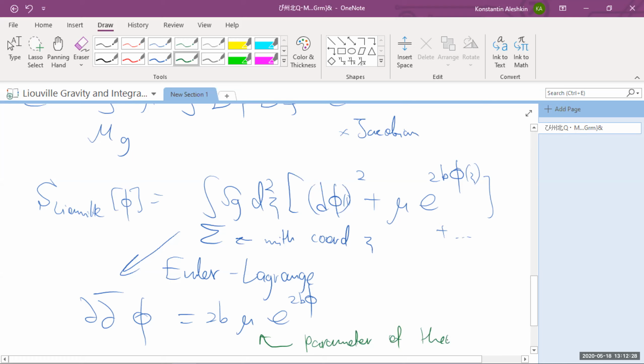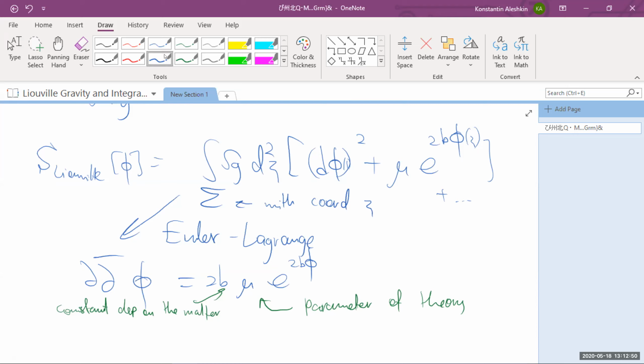You could think of it as a Laplace dual variable to the area of our surface. And this is a constant which depends on the matter. And so this equation is just, up to some normalizations, a classical Liouville equation. So its solutions are surfaces with constant negative curvature.